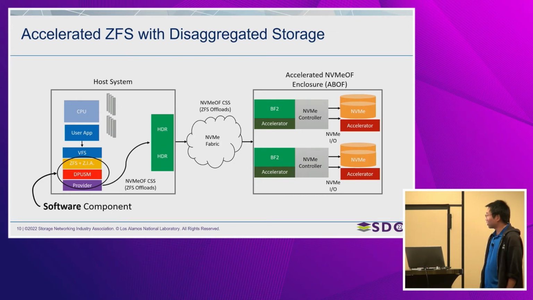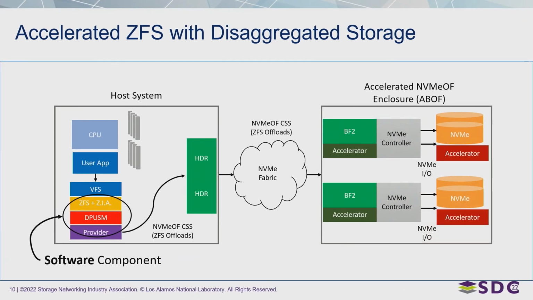And all of this is exposed through NVMe over Fabric and used by a host system that owns the zpool via a series of changes we made in ZFS, which communicates with a small software stack consisting of the DPU-SM and a provider, which I'll get into later.